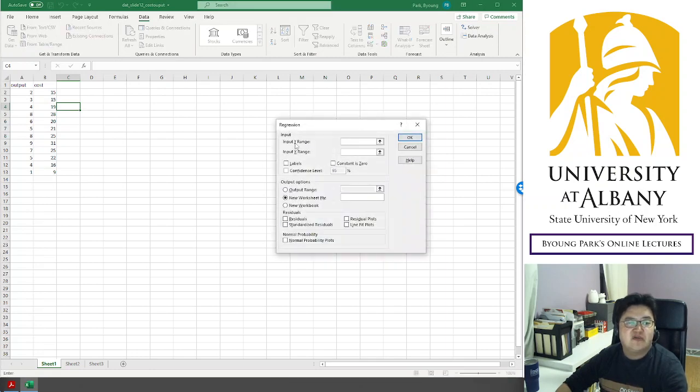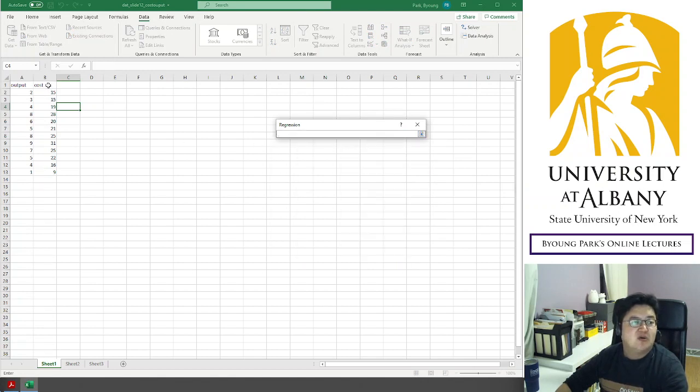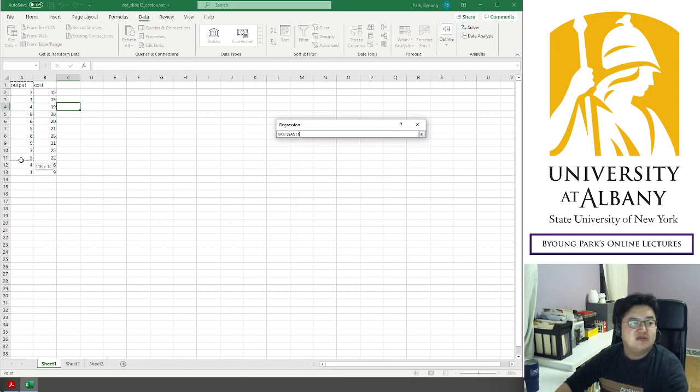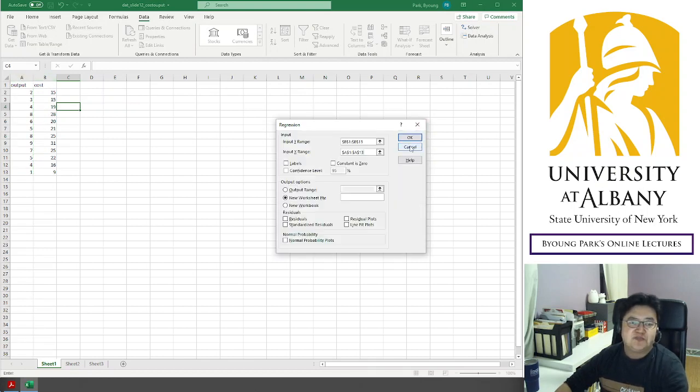Click here, then you have to put y, x. I'm going to include the y range. Y is cost. Y is the variable to be explained that is determined by other variables. And the x range is this. We will explain cost using output. So output is x, and the first line is label, and you do not need to do anything else. I will just go OK.